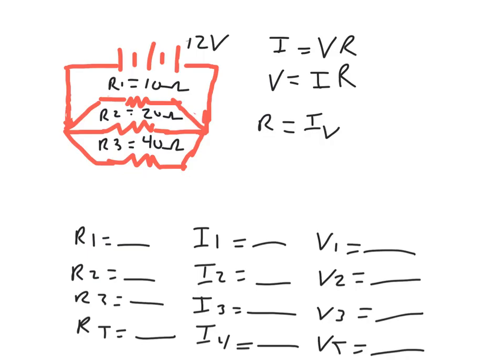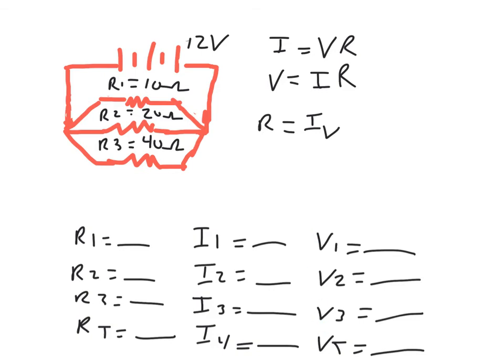Now here I have drawn a parallel circuit where we can see our voltage. We can see that our resistors are parallel to one another, so we have different pathways that our electrons could flow. I have our equations over here, and then I have what we would need to fill out for our resistance 1, 2, 3 and total, our current 1, 2, 3 and total, and our voltage 1, 2, 3 and total.